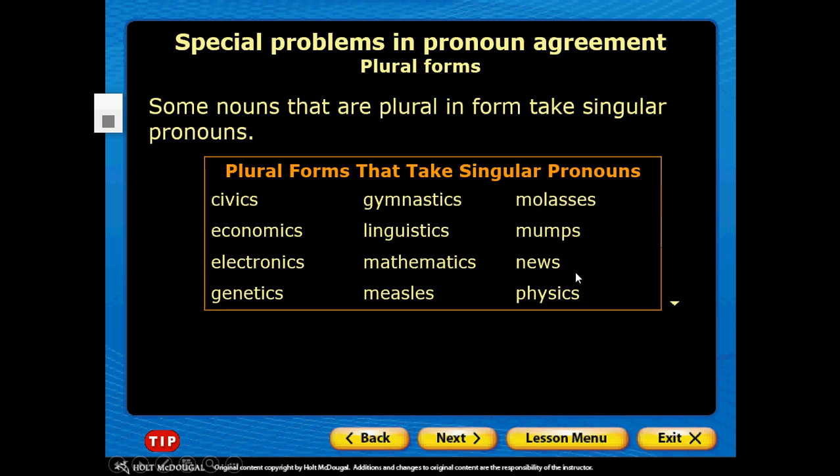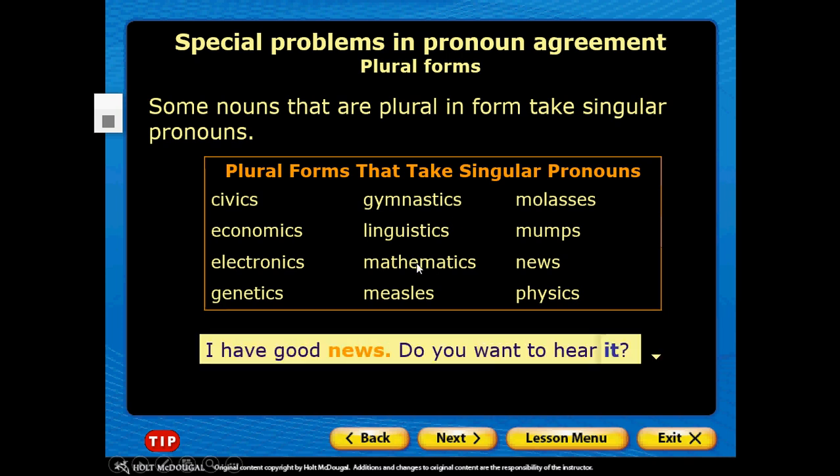They all have an S, and they are either plural or singular depending on how they're used in the sentence. Most of them are either names of subjects, branches or fields of science, or diseases. Economics, gymnastics, yeah.